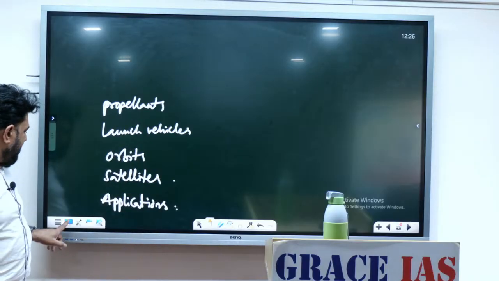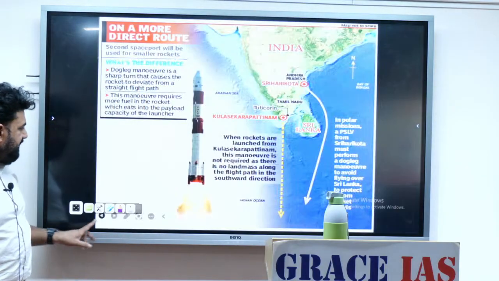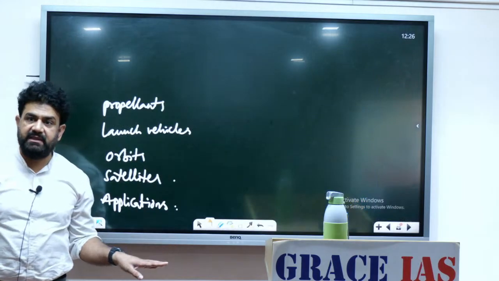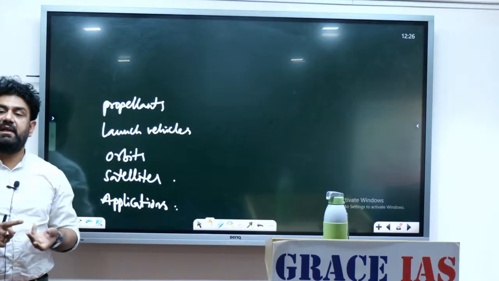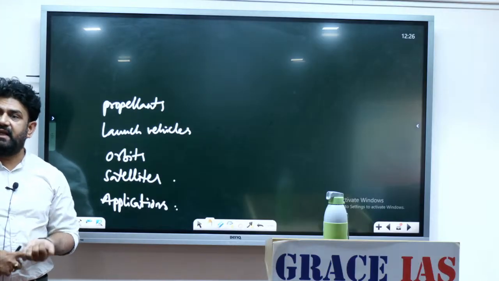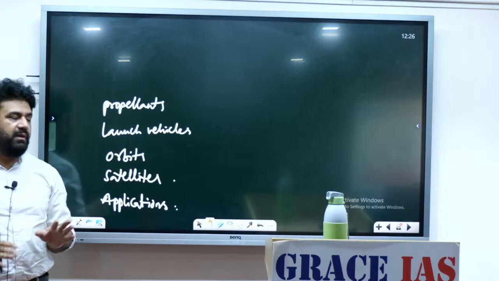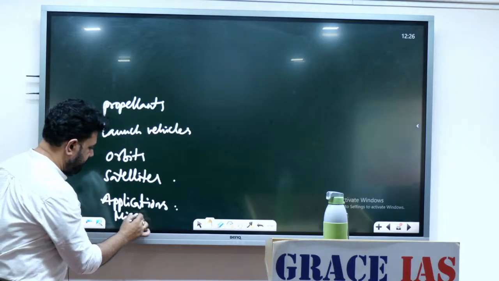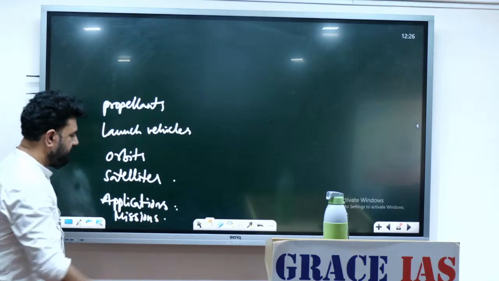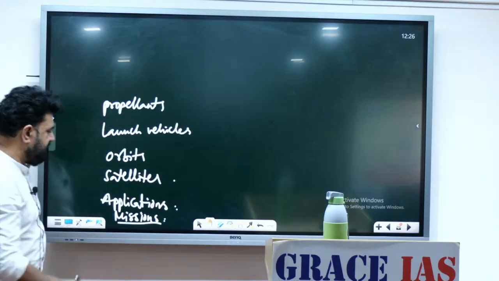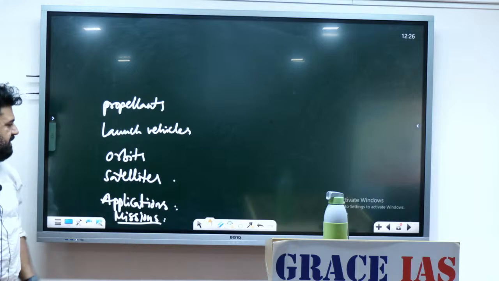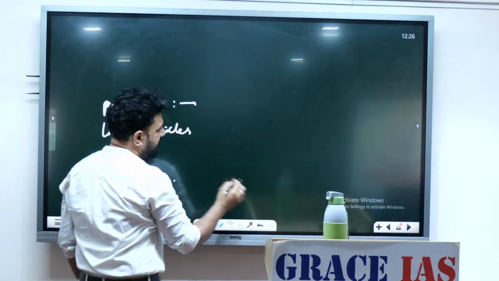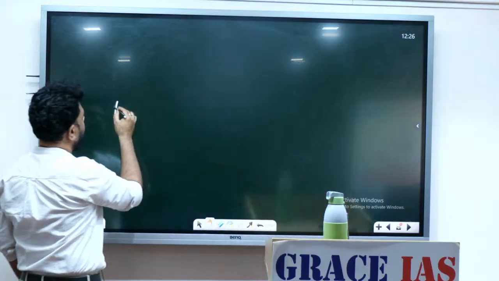And space missions, as you have seen just now, those will be the contemporary developments. Chandrayaan 3, Gaganyaan, Mangalyaan, Aditya L1, Axiom 4 mission, all those are space missions in use in the recent past. So all these things you are supposed to know. Okay, let's have a look at them. What is the propellant? So propellant is what?